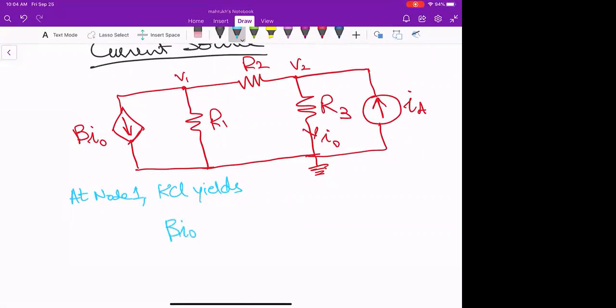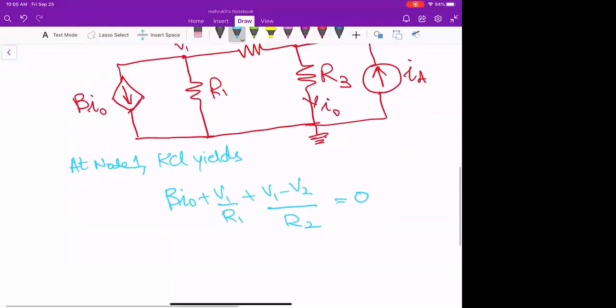Okay, so beta I naught plus V1 over R1 plus V1 minus V2 over R2. Right. Yes.